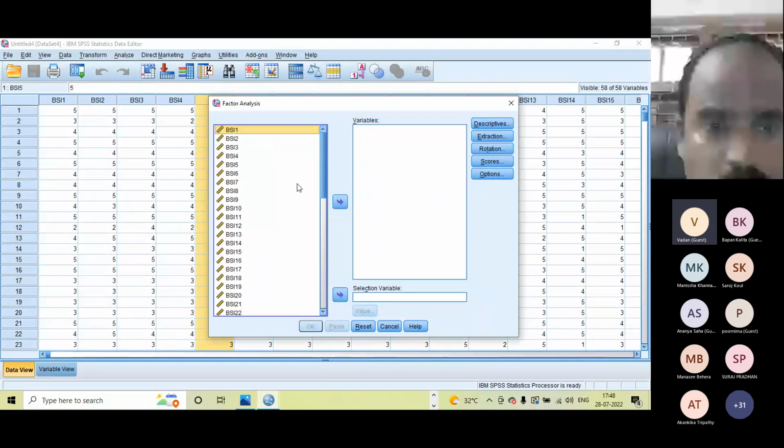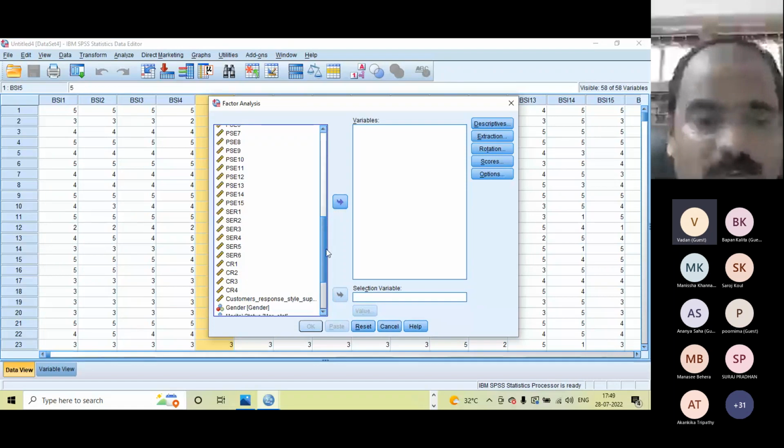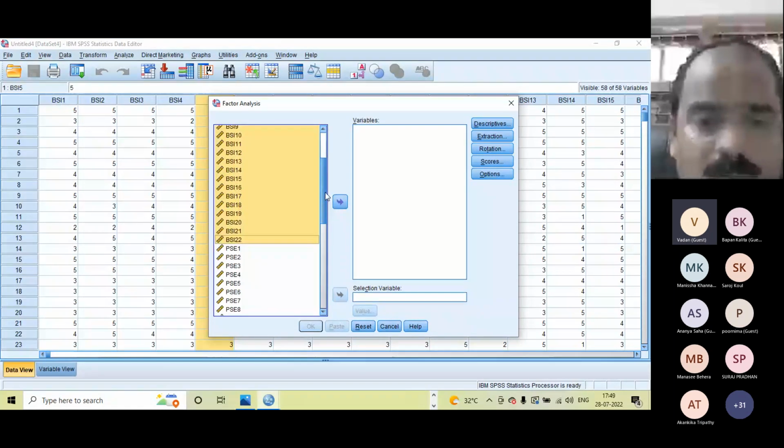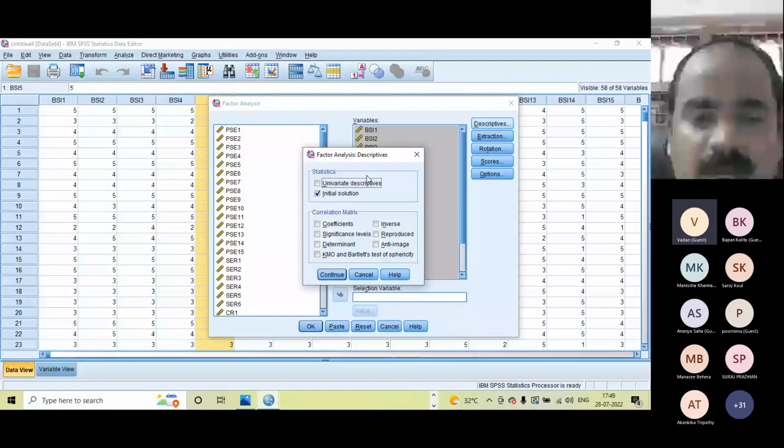You take all the BSI 1 to BSI 22, which is buyer-seller interaction. So many other variables are there in my research, but I have taken only buyer-seller interaction.